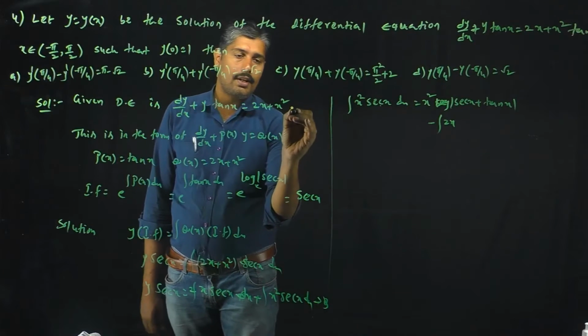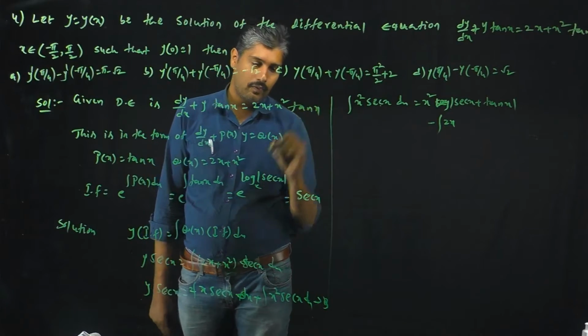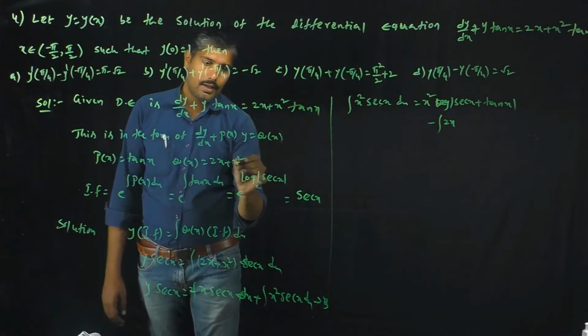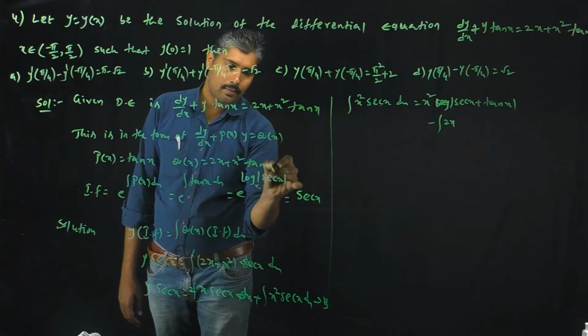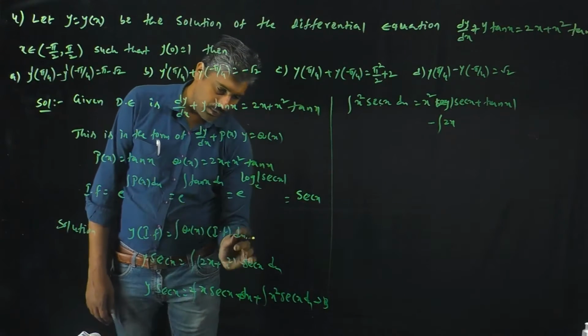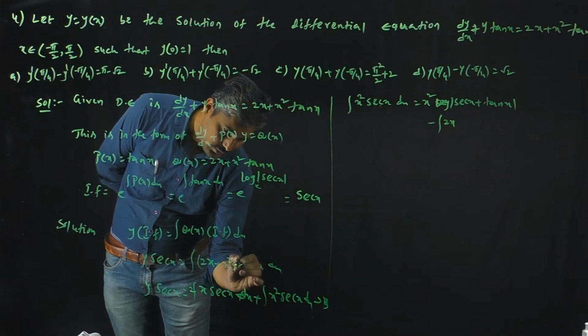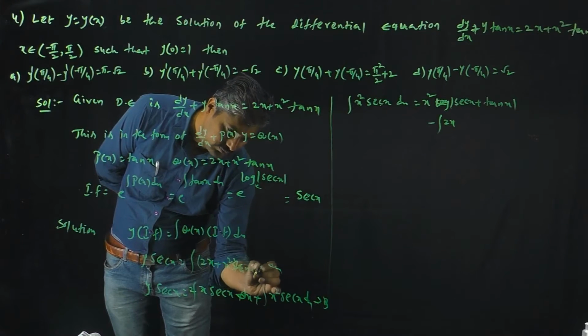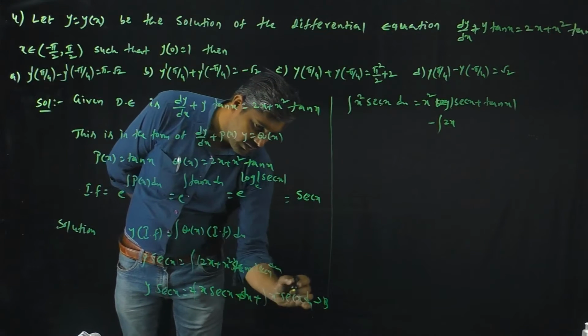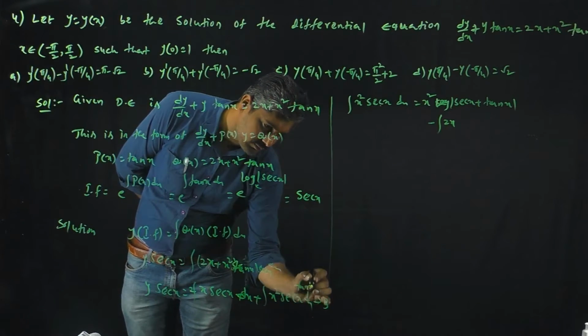Therefore, we get q of x as x square into tan x into secant x, then we get secant x into tan x.